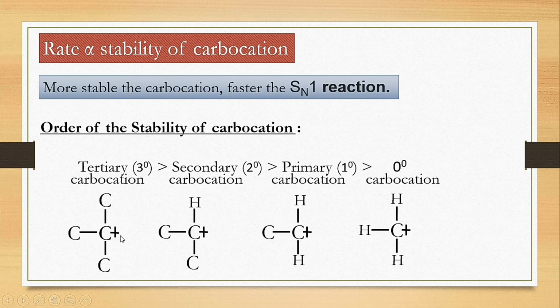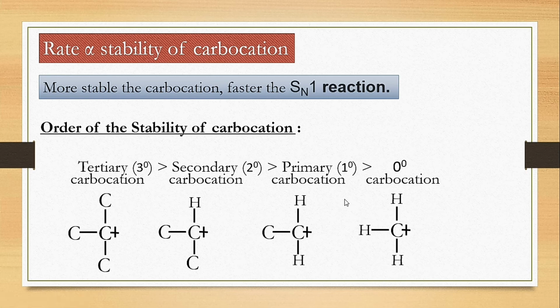So this carbocation's stability will be more than the others, because in the secondary carbocation, 2 groups are there to donate electrons to stabilize the carbocation. In the primary carbocation, there is only 1 group to donate electrons, and in the 0 degree carbocation there are no groups which can donate electrons to stabilize the carbocation. So that's why the stability order is this way.